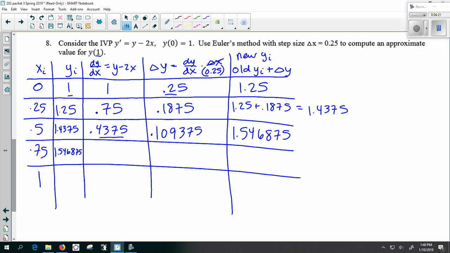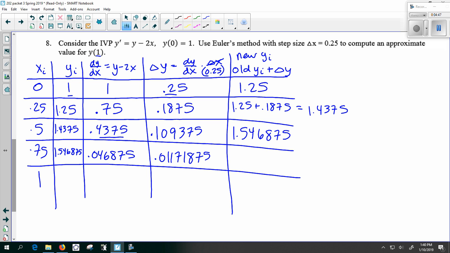1.546875. My dy/dx is that minus 2 times x. So that 1.54 number minus 1.5 leaves me with 0.046875. And I'm going to multiply that times 0.25. And I get 0.01171875.